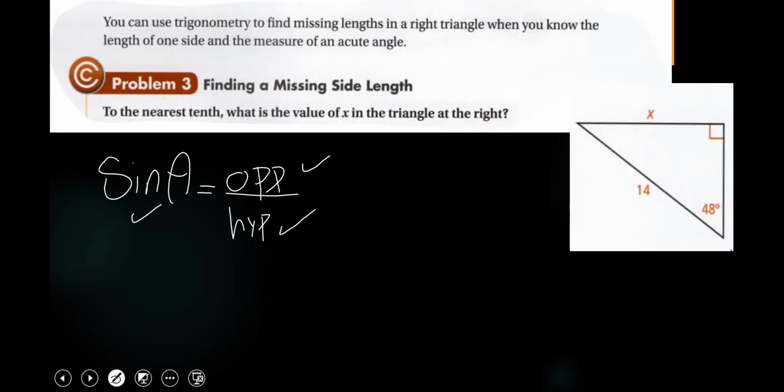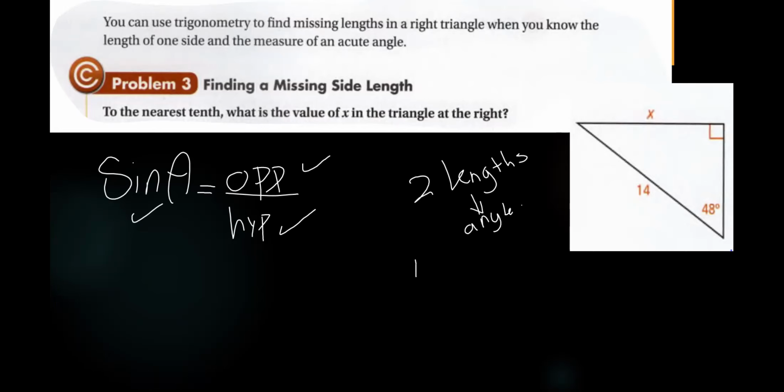If you have two lengths, you can find the angle. If you have one angle and one length, you can find the measure of the second length.